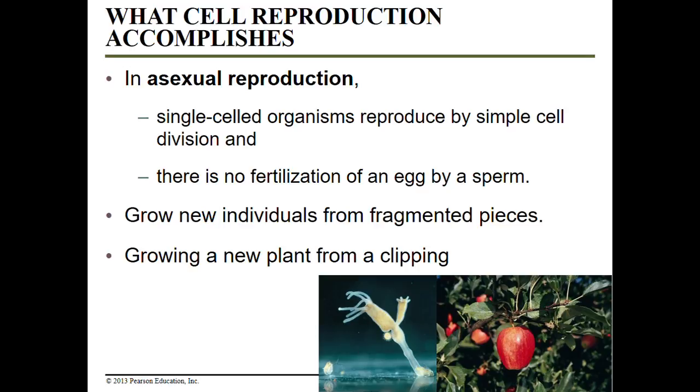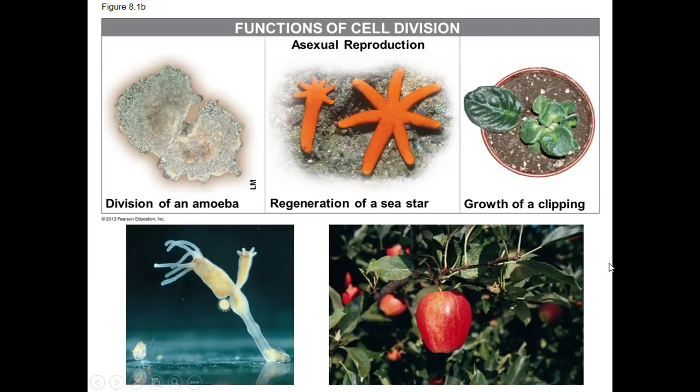Another example is apples. The apples all came from the same original parent plant. Some more examples: individual single-celled organisms, such as this amoeba. When it divides, that's cellular reproduction, because it becomes two genetically identical amoeba, but it's two different amoeba.